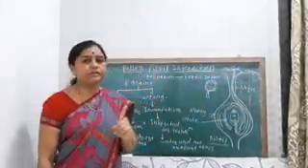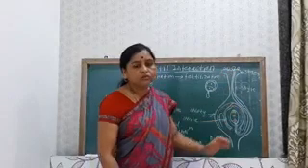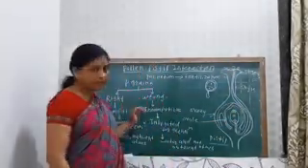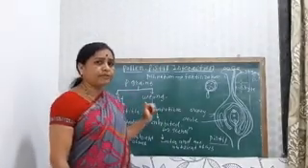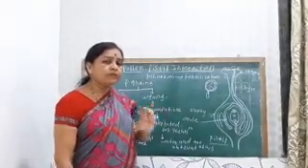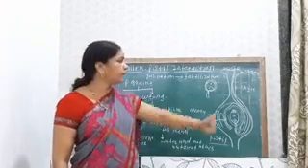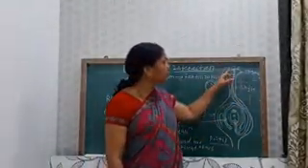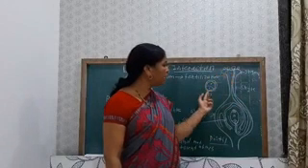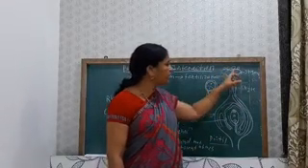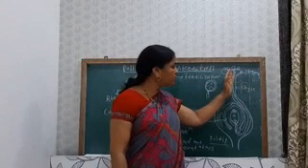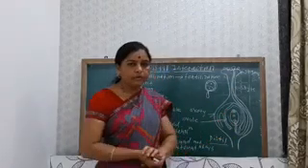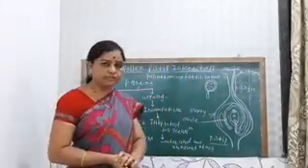When it germinates, it produces the pollen tube, and this tube enters from the stigma, then the style, then the ovary into the ovule, and then fertilization takes place.